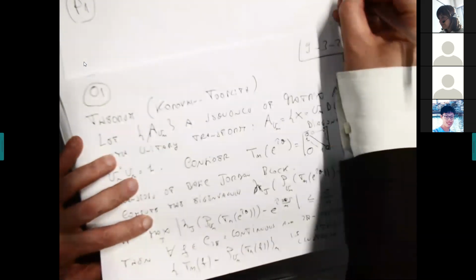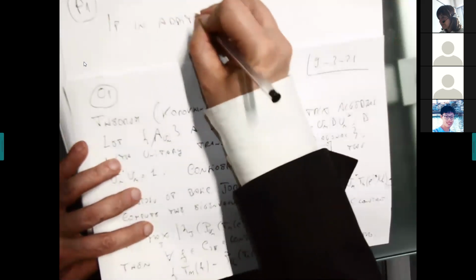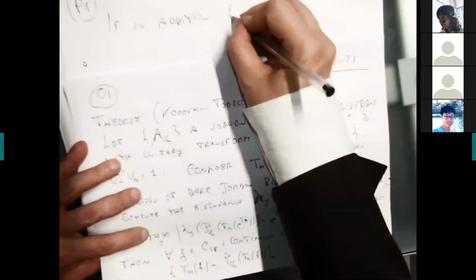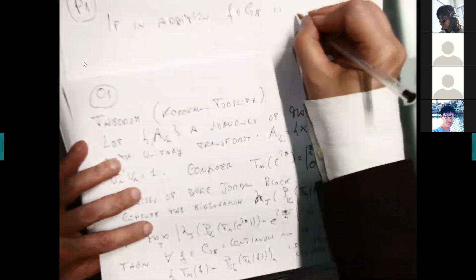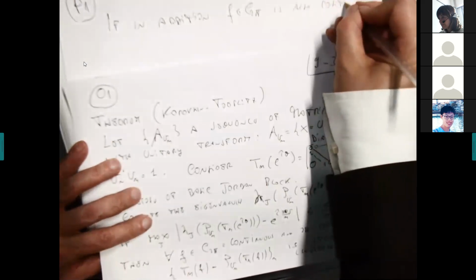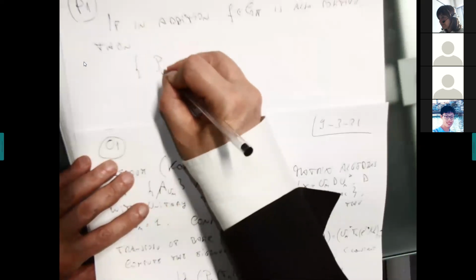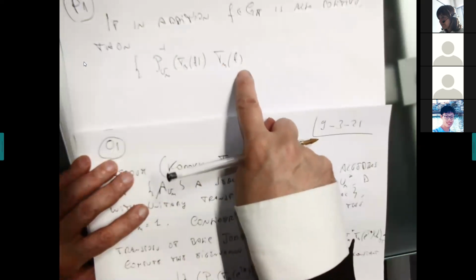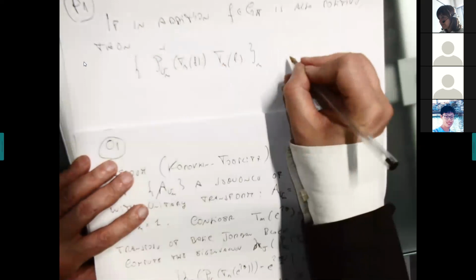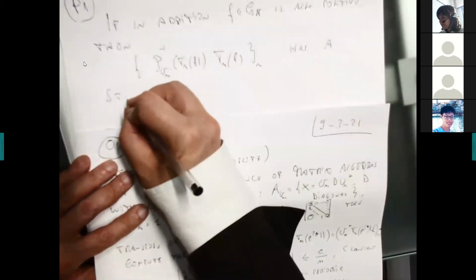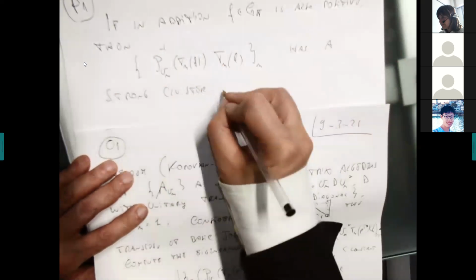P1. If in addition f belonging to C 2 pi is also positive, so that Tn of f is positive definite, then P_Un of Tn of f to the minus 1 times Tn of f, so the preconditioned matrix, is strongly clustered at 1.